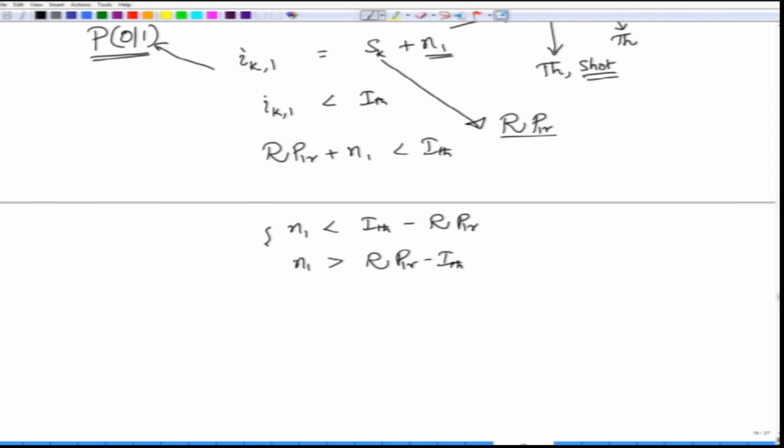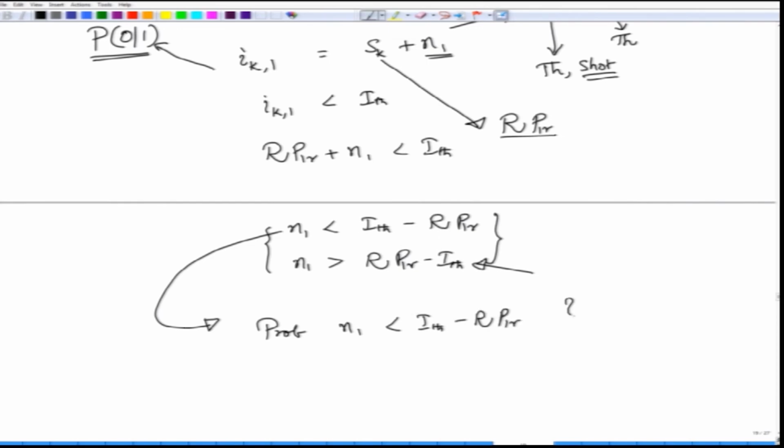You can work in both domains, or both expressions, does not really matter. For simplicity, let me take this one as an example. Going from this expression to this expression is fairly simple for you, so I will leave that as an exercise, okay.